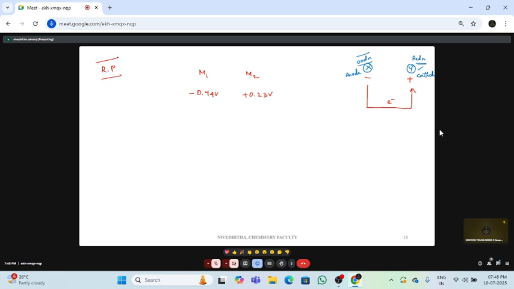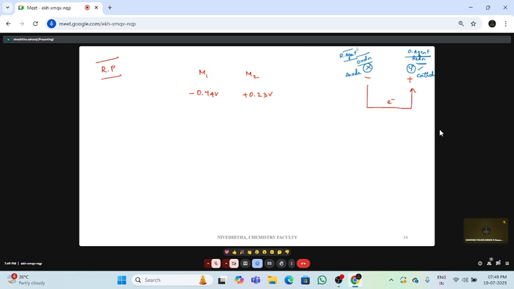Among X and Y, which was oxidized? Y is the oxidizing agent. Very good. So here X is oxidizing, and for this oxidation process, Y was responsible. So here Y is the oxidizing agent. The oxidizing agent is the reagent responsible for the oxidation, and it will reduce itself. Similarly, here X is responsible for metal Y getting reduced. So here X is the reducing agent.